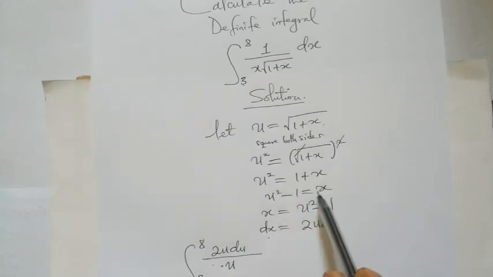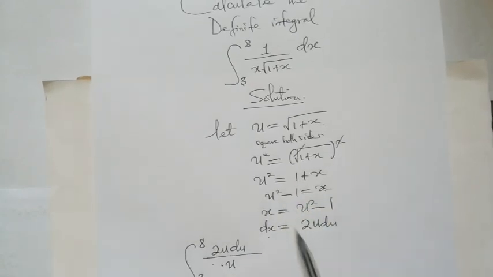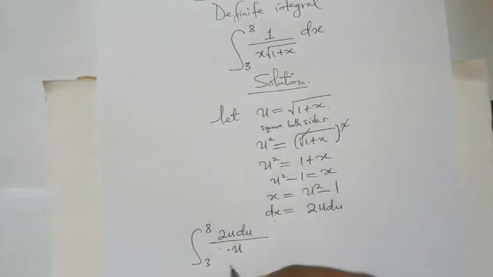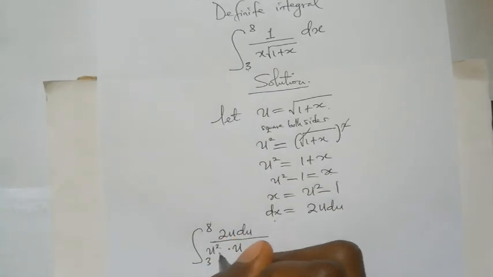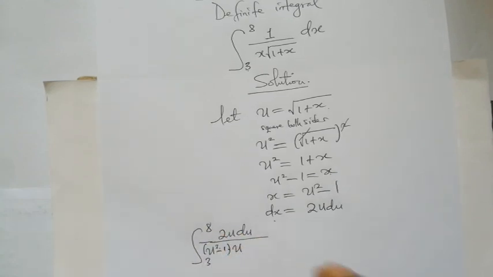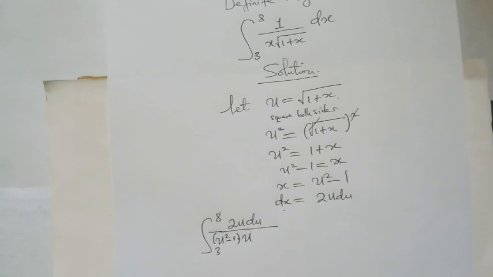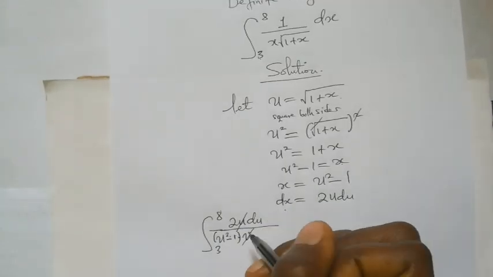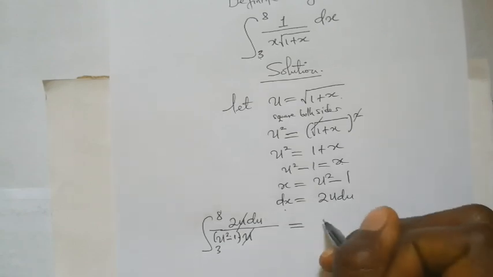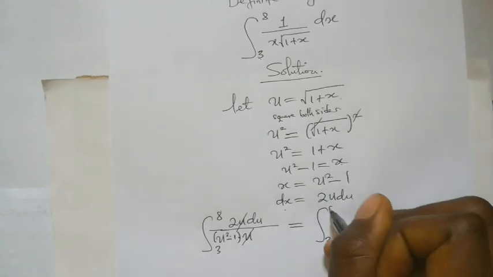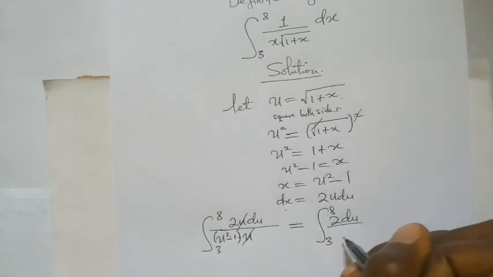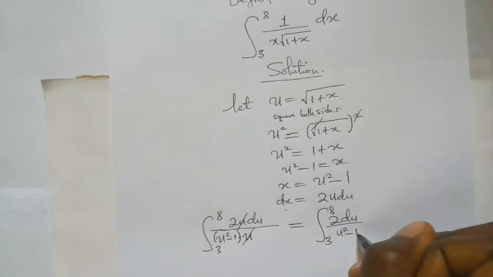From here, we said x is equal to u squared minus 1, so we substitute the value of x with u squared minus 1, all in brackets. In that case, this u will cancel u. So we have the integral from 3 to 8 of 2 du all over u squared minus 1.